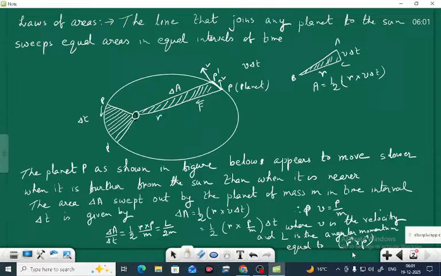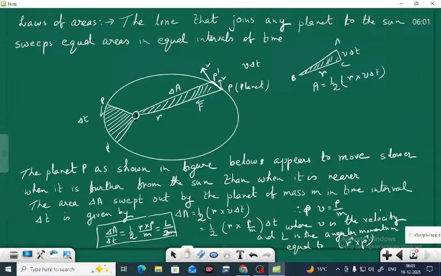So what you are getting is del A by del t equal to half into r cross p by m, that is L by 2m. L is the angular momentum and m is the mass. You are getting del A by del t as L by 2m.